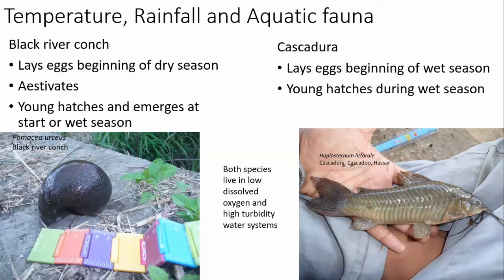Once you have that immediate shift from extreme dry season to extreme wet season, you have an increase in water level, a decrease in the amount of ions in the water. That's the environmental cue for cascadoo to build nests, lay eggs, and the young hatch within the wet season. So imagine if we no longer have a distinct dry season or a distinct wet season.